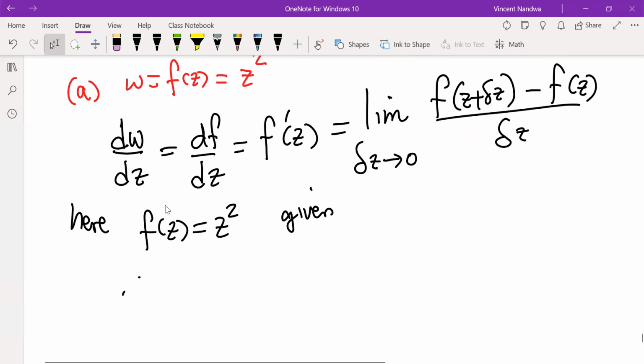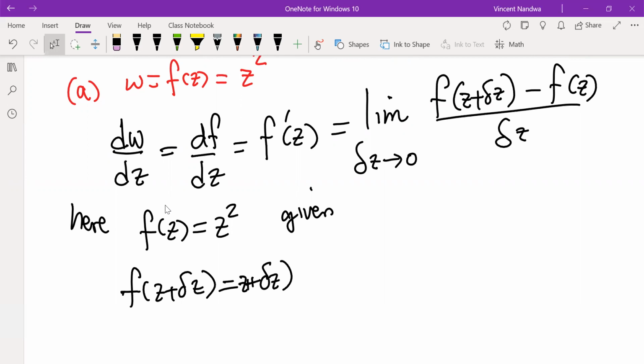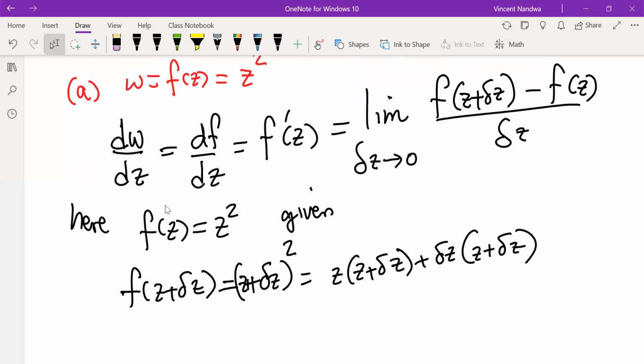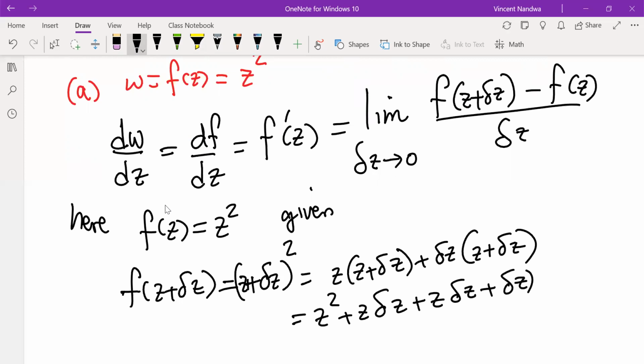And then f of z plus delta z is given by z plus delta z squared, which is z plus delta z into z plus delta z. So this will be z squared plus z delta z plus z delta z plus delta z squared.